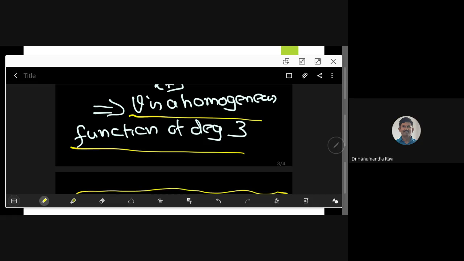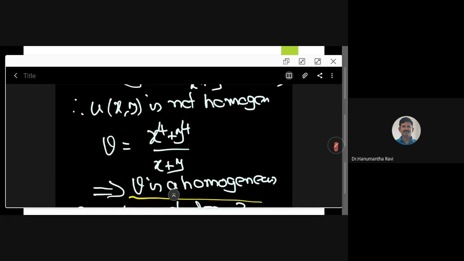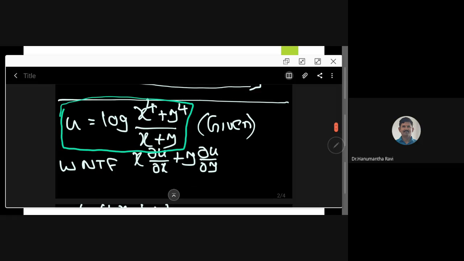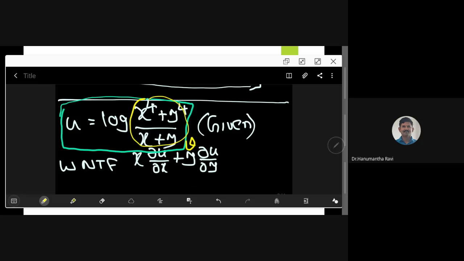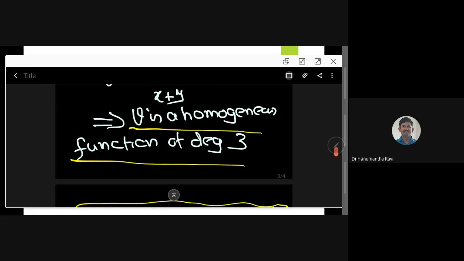So, from the given condition, what is the given condition here? U is equal to log of x power 4 plus y power 4 by x plus y. So we are considering this whole object and labeling that object as v, so u is equal to log v.